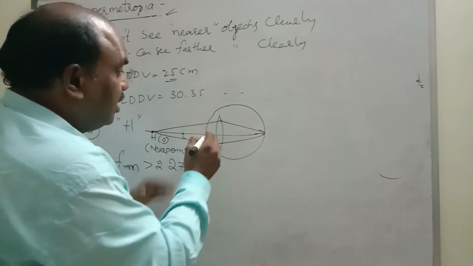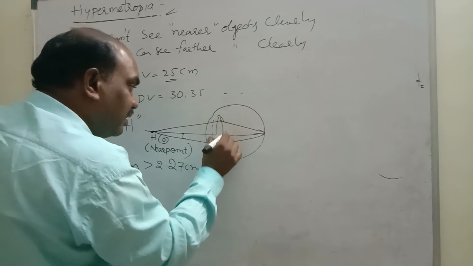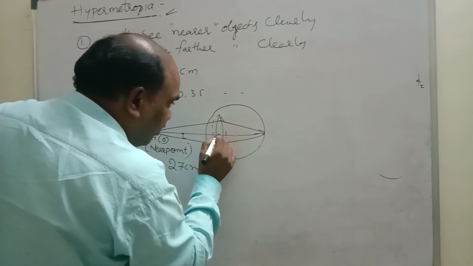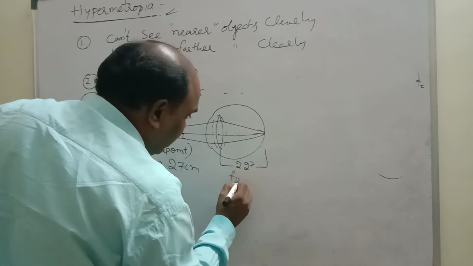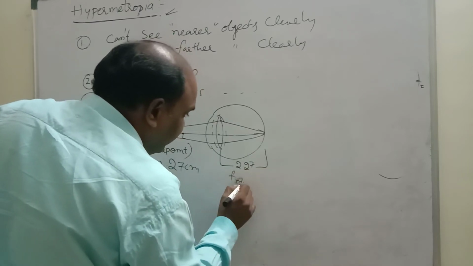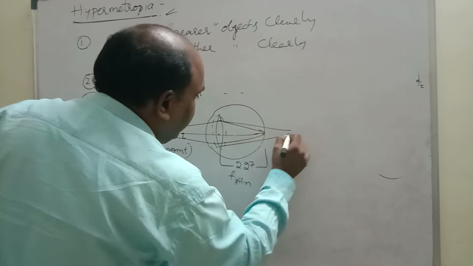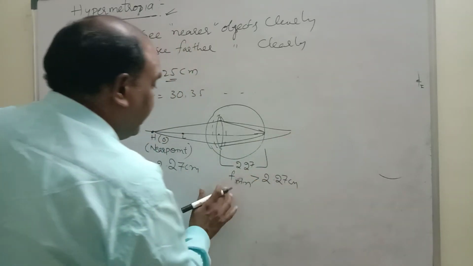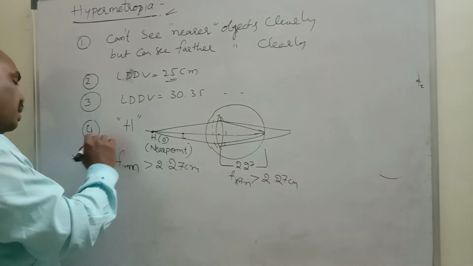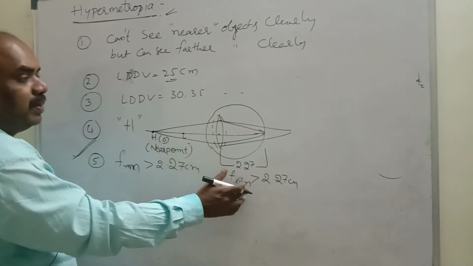Because if you see a nearer object, our eye lens slightly expands, so the distance from the center of the eye lens to the retina will be 2.27. This is the minimum focal length, but the image is not formed on the retina, the image forms behind. So the minimum focal length is more than 2.27 centimeter. Very important point: the hypermetropia patient's minimum focal length is more than 2.27.